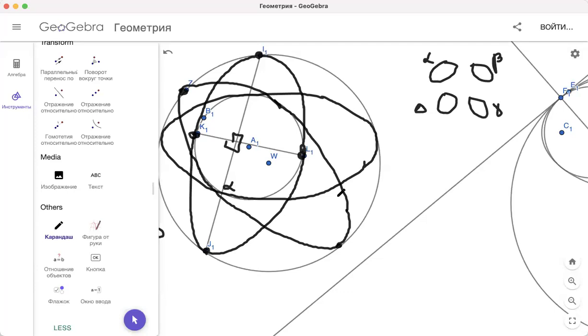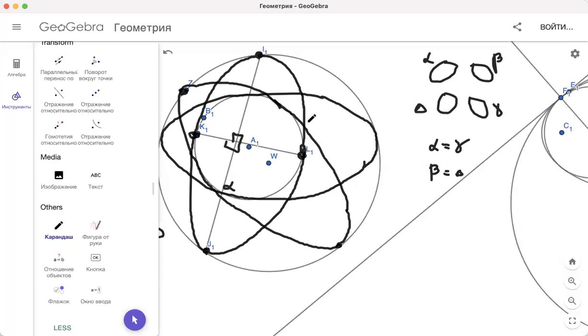So for this configuration, we have that two pairs of conics coincide, and these conics are circles.